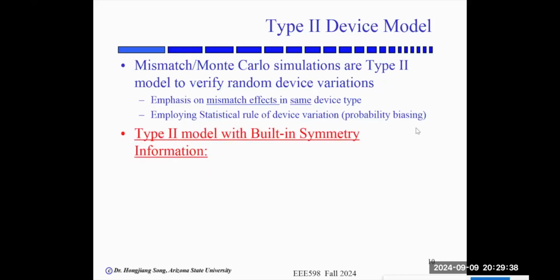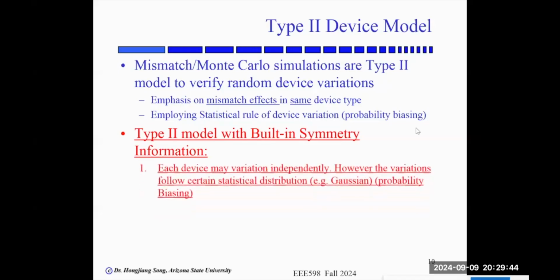So for type 2 modeling, there is some built-in symmetry information in such modeling. The first one, each device may vary independently, but the variation should follow some statistical distribution, for example, Gaussian. So these are used for probability Bayesian to reduce the cases.